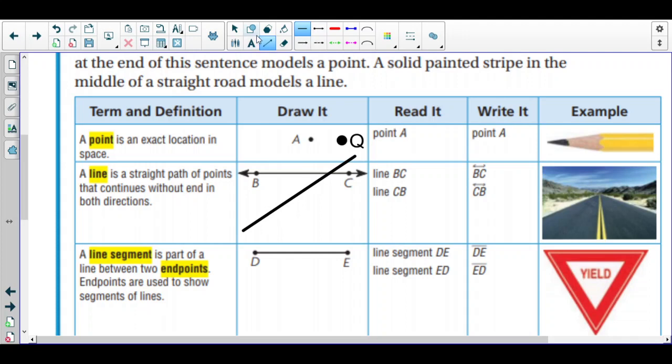We'll just kind of extend that out there and turn that into a line. If I were to name the line that goes diagonal, we don't have a name for that. But we would have a name for the line that goes horizontal, back and forth. That would be line BC, or we could name it line CB.